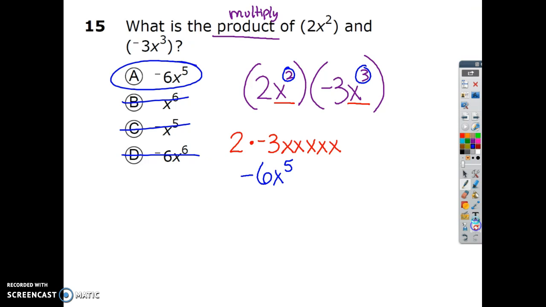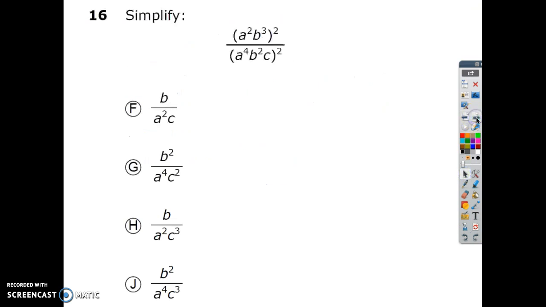And problem number 16, what do you have to do first before you can expand? Write out the parentheses, 2 times at the top and 2 times at the bottom. So you have 2 sets of parentheses on top and 2 sets of parentheses on bottom.